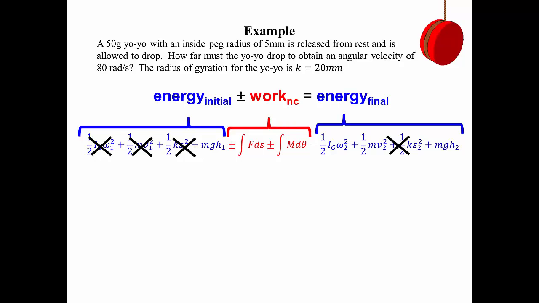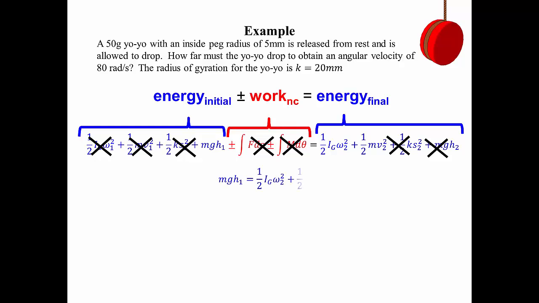And it's not rotating initially either, so we can eliminate that from our equation as well. If we place our datum at the bottom of the movement, then we can eliminate our potential energy due to elevation of the yo-yo on the right side of the equation. There are no external forces acting on the yo-yo, and no external moments being applied.